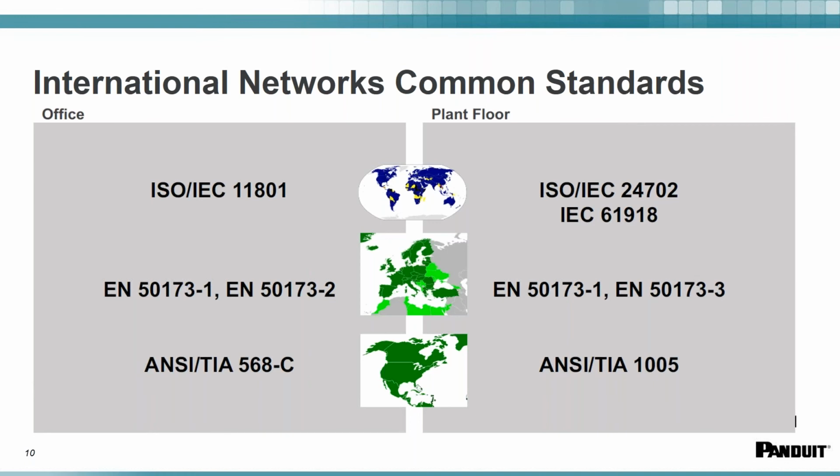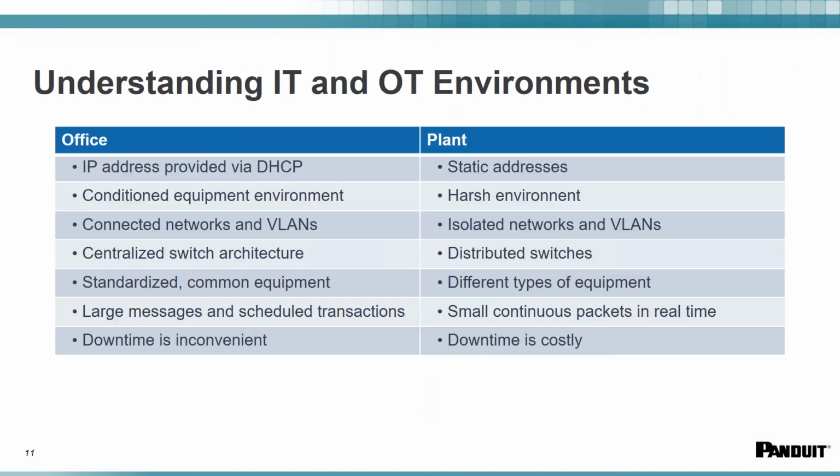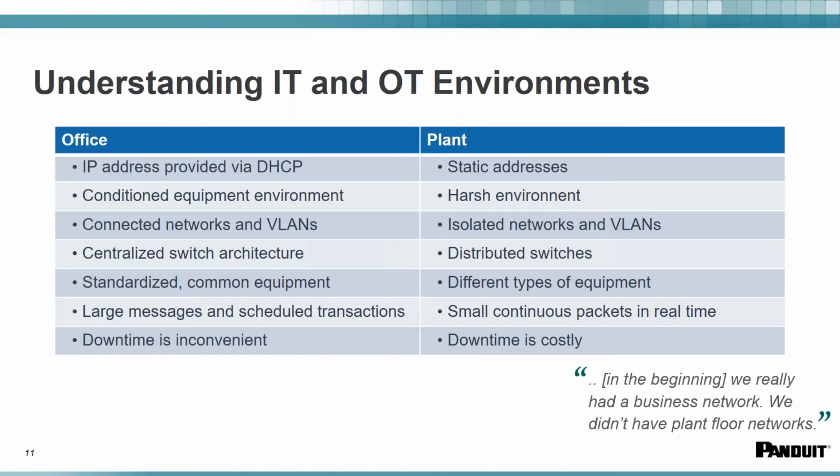So with this said, I want to walk you through the next reason why the specifications are different between a factory system and an office system when it comes to communication. So we have two worlds that we have to be aware of.